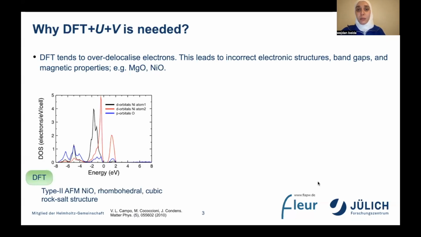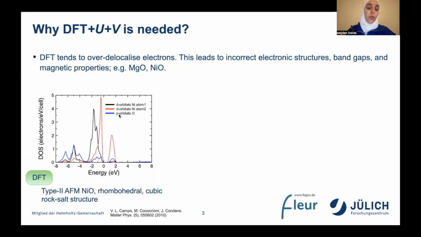A notable example is type 2 antiferromagnetic nickel oxide. It has a rhombohedral-cubic rock salt structure. Here I present the DFT density of states, emphasizing the d character of the nickel atom up and atom down in black and red.